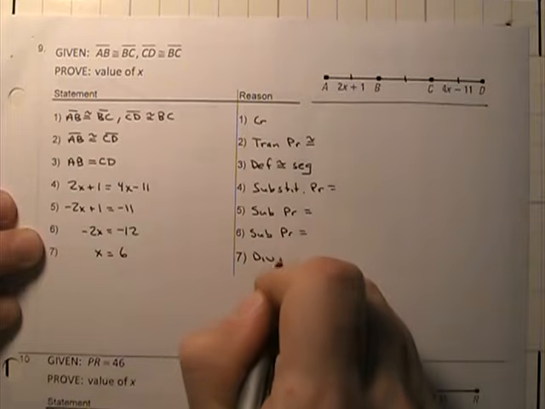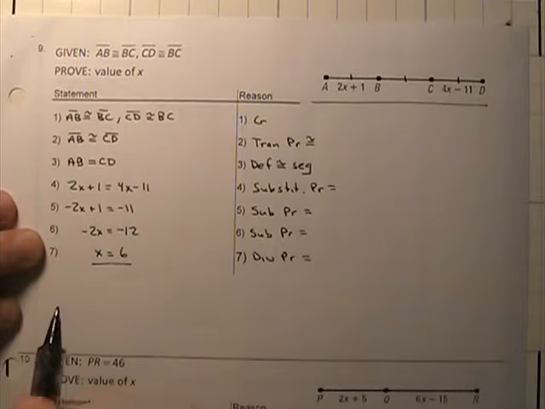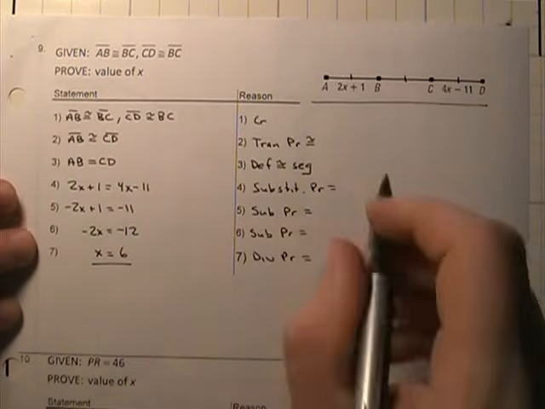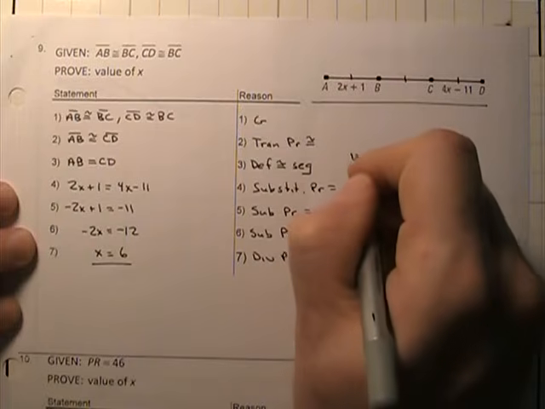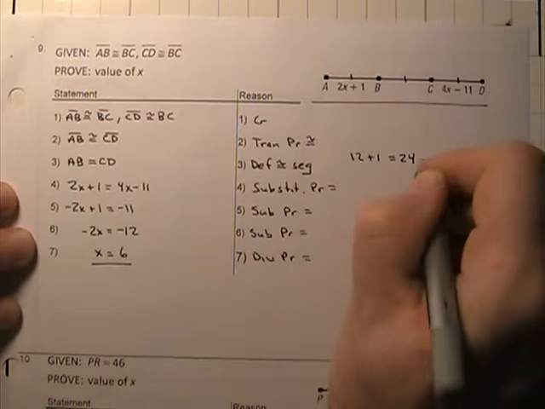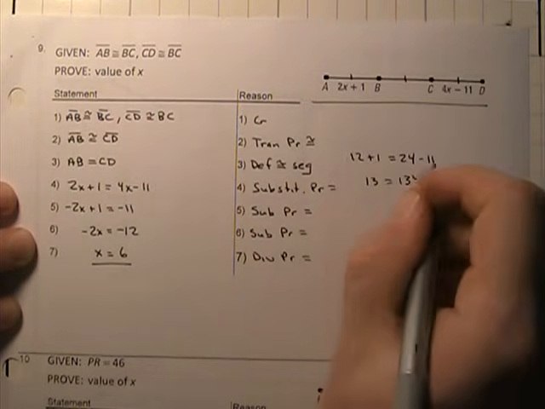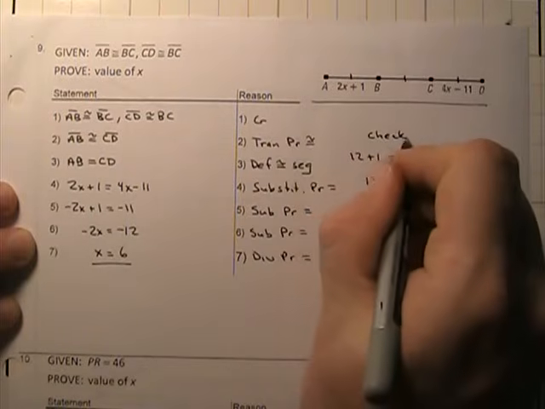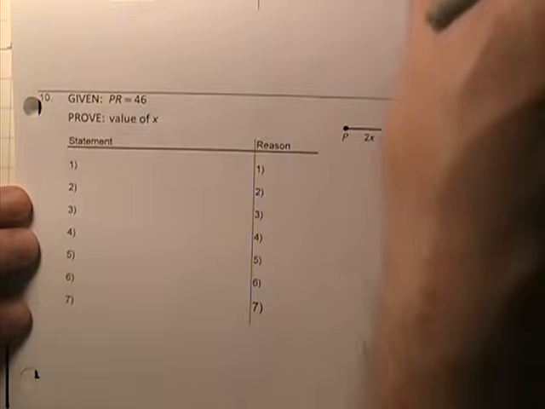And that's the division property of equality. Since this is an algebraic portion, go ahead and check that. So 2 times 6 is 12, plus 1, and 4 times 6 is 24, minus 11, so this is 13 equals, yep, 13, so that checks. I'll label this part of my work, and again, now I don't have to miss that problem.